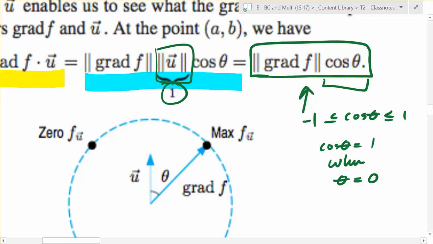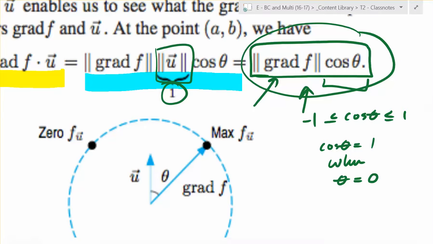If the angle between two things is 0, those two vectors are going in the same direction. They're parallel, right? So to make this as big as possible, because the magnitude of the gradient stays the same. If you pick a point, there's only one gradient. The gradient of a function at a point stays the same. But the direction you go in for the directional derivative changes.